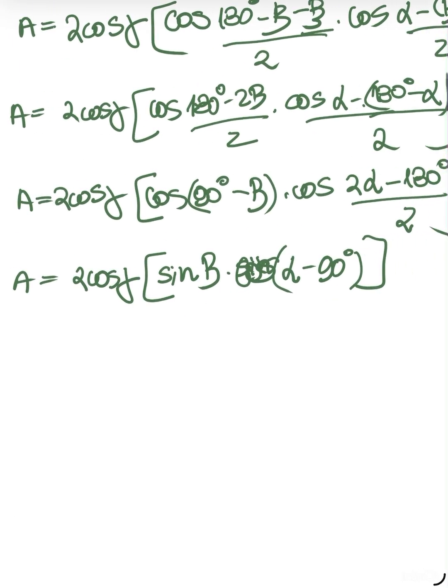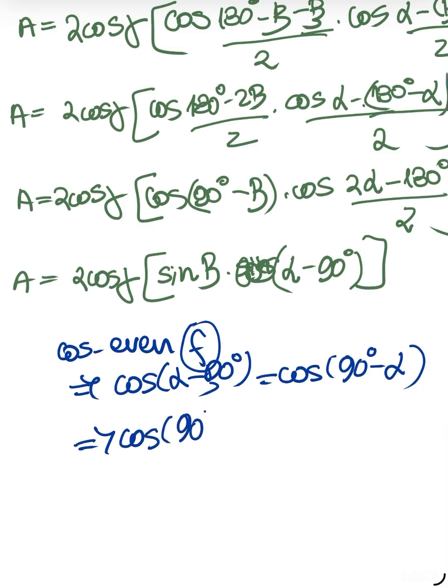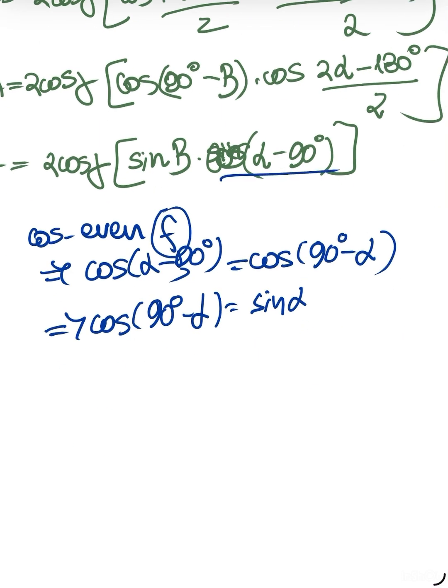We know that cosine is an even function. Therefore, cosine of alpha minus 90 degrees is equal to cosine of 90 degrees minus alpha, and it is the same. Therefore, cosine of 90 degrees minus alpha, you know, is equal to sinus alpha. So we have the same here.